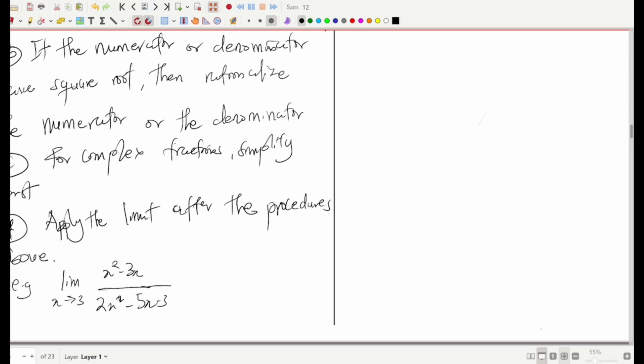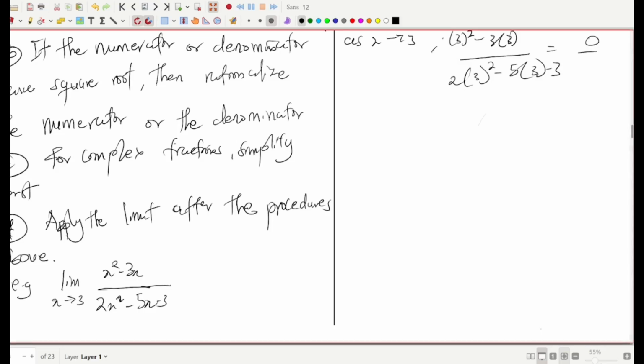So as x approaches 3, we have 3 squared minus 3 multiplying 3 divided by 2 times 3 squared minus 5 multiplying 3 minus 3. The numerator is 9 minus 9, which is 0. The denominator is also 0. So this is an indeterminate limit expression.